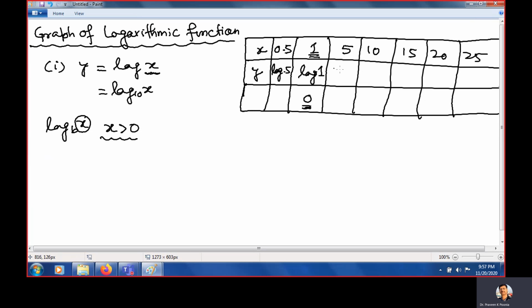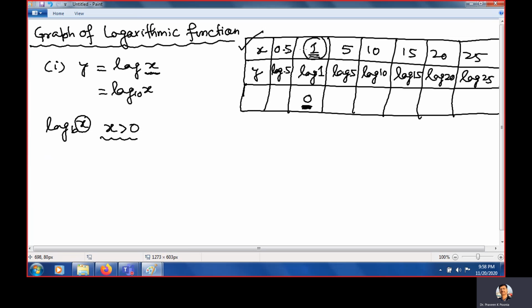Log 0.5, log 5, log 10, log 15, log 20 and log 25. Please fix these values in your mind, but this value is always changing. Why? Because if in the question we choose a different x here, this value will not remain the same. So you need to check a value for which the function value is 0.